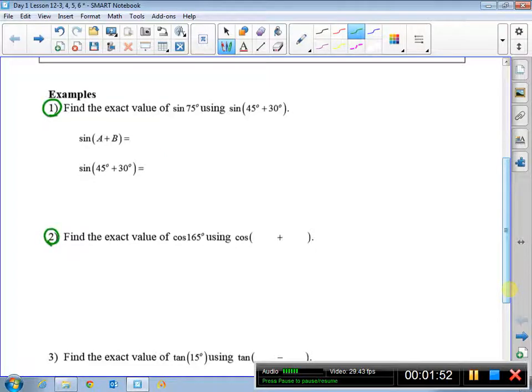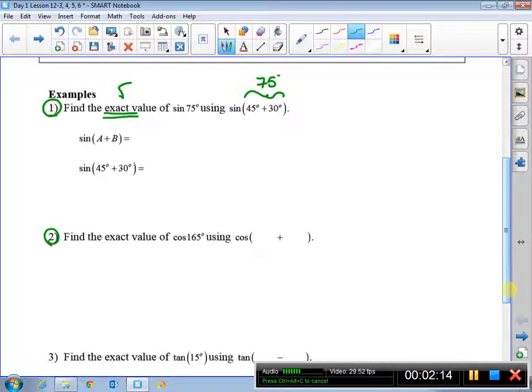The first few have us finding the exact value. Now remember, that possibly means that there's square roots in the answer. The exact value of the sine of 75 using 45 degrees plus 30 degrees, because that will give us 75.